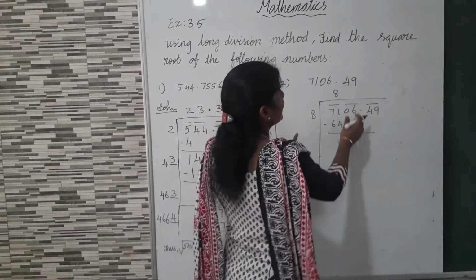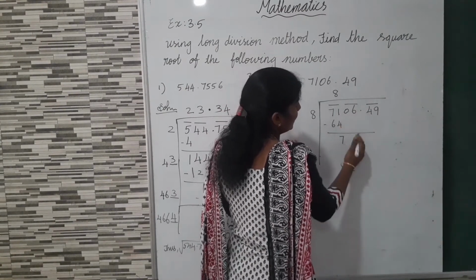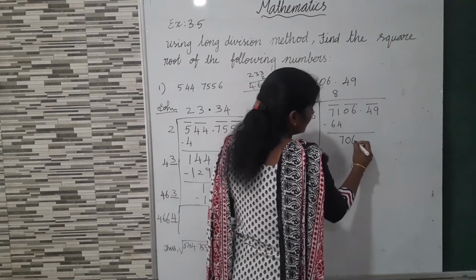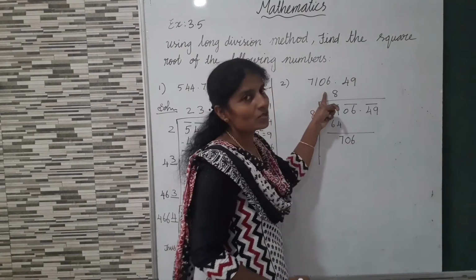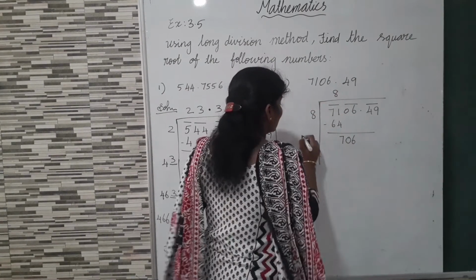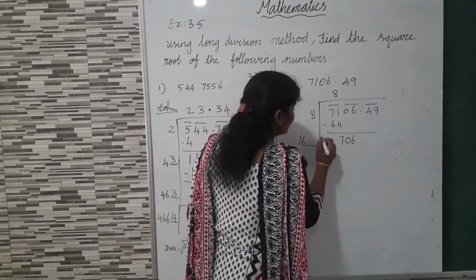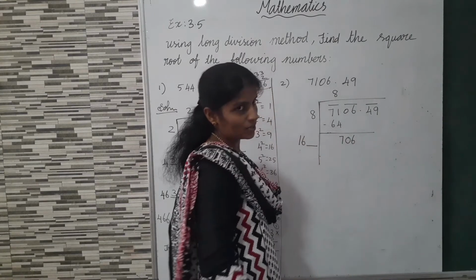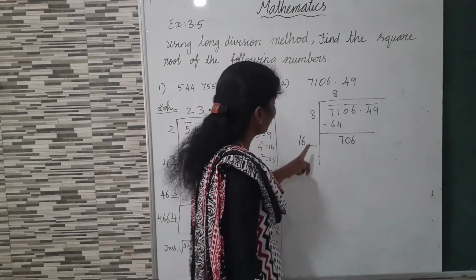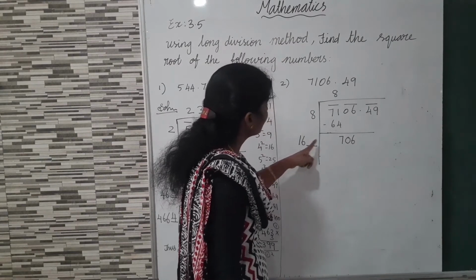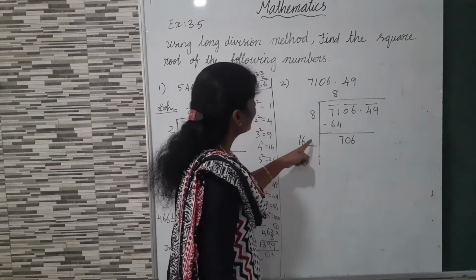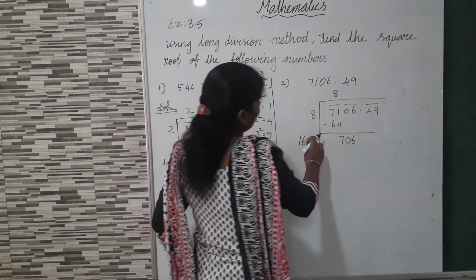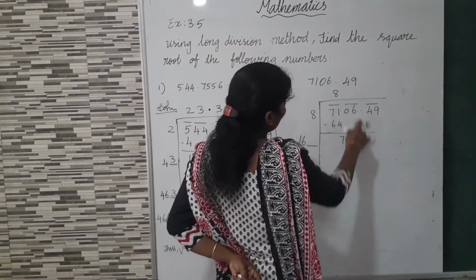Now the next period, bring down 06. Twice the quotient: 8 2s are 16. This is the new divisor and new dividend also. Now we take 4: 4 4s are 16.